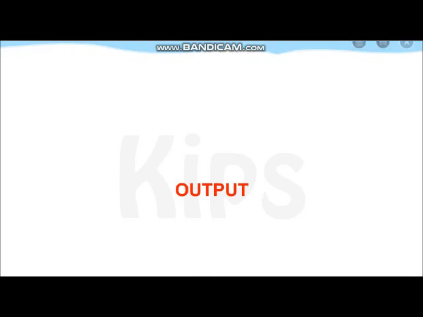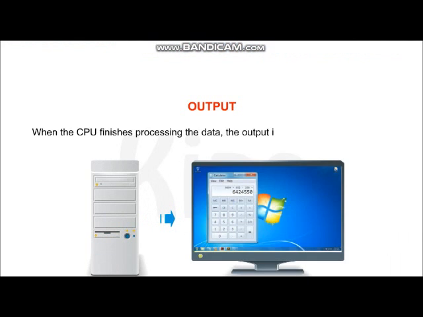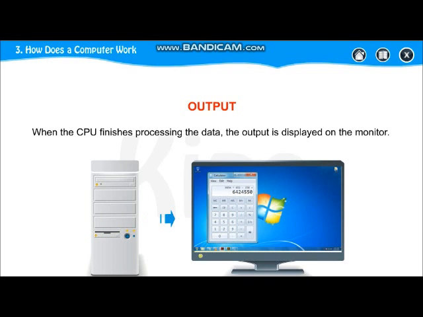Output. Now what is output? Output means the final result. When the CPU finishes processing the data, the output is displayed on monitor. Output हमें कहाँ मिलता है? Monitor पर. और data कैसे जाता है आपका? Keyboard से. So keyboard या mouse से data आता है, कहाँ जाता है?